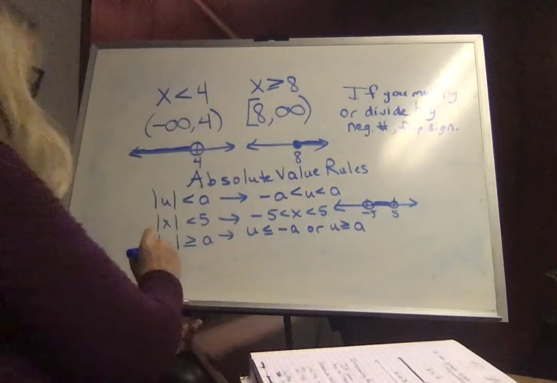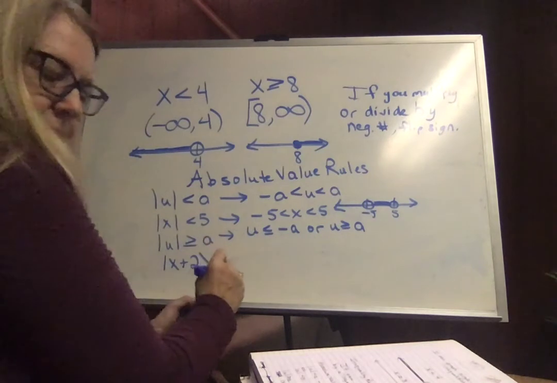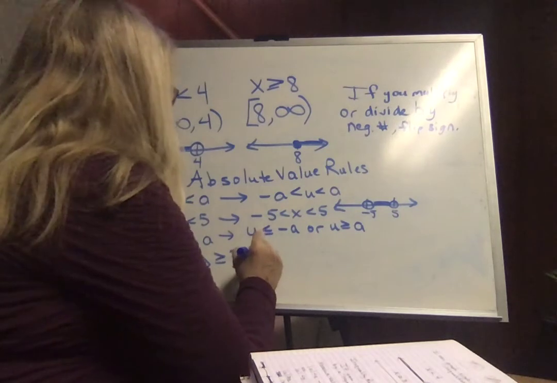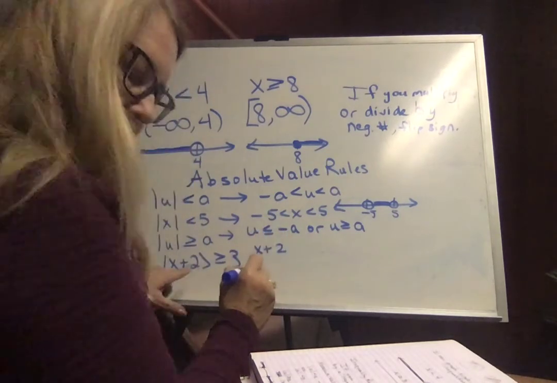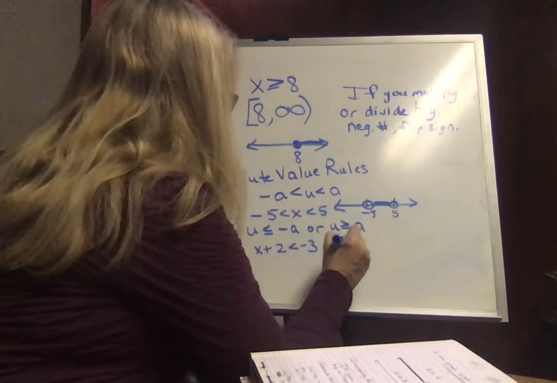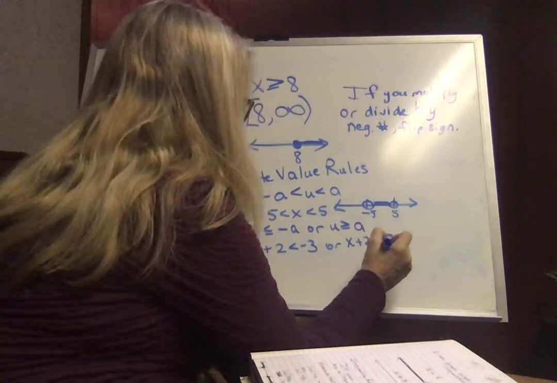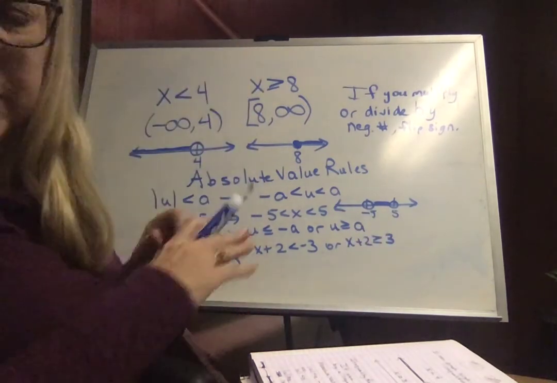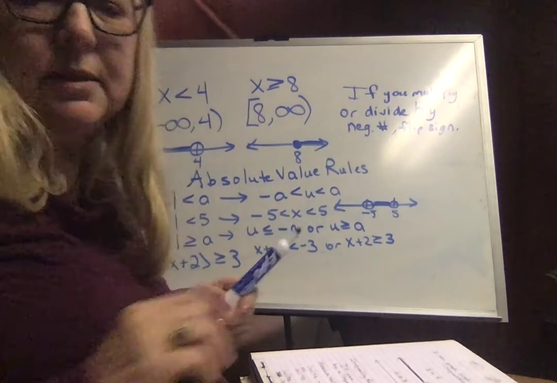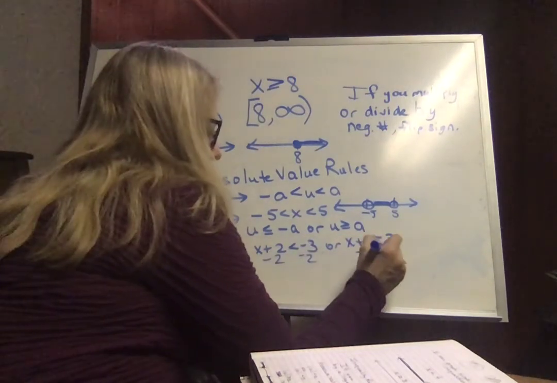So if we had the absolute value of x plus 2 greater than 3, then we would do x plus 2 less than negative 3, or x plus 2 greater than or equal to positive 3. And then we work it out because equalities and inequalities work out the same way. So subtract 2.